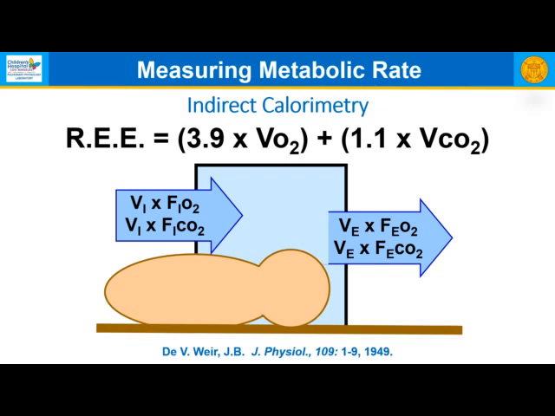So we're sucking in room air, with an inspiratory volume and an inspiratory FiO2, inspiratory volume and inspiratory FiCO2, which happens to be 0. And then measuring exhaled ventilation times mixed expired oxygen and exhaled ventilation times mixed expired CO2.